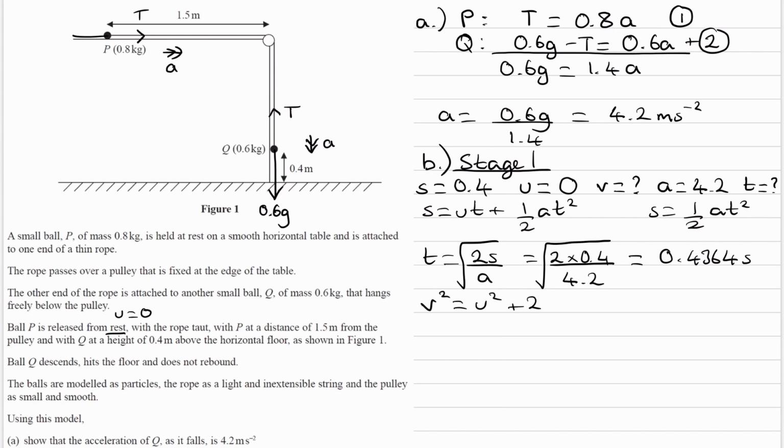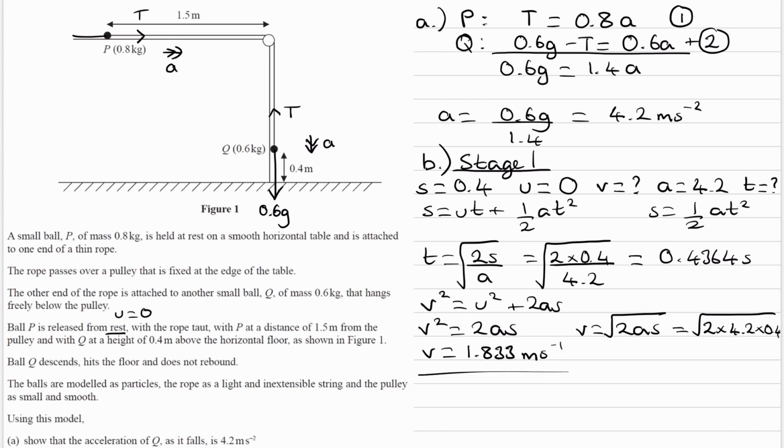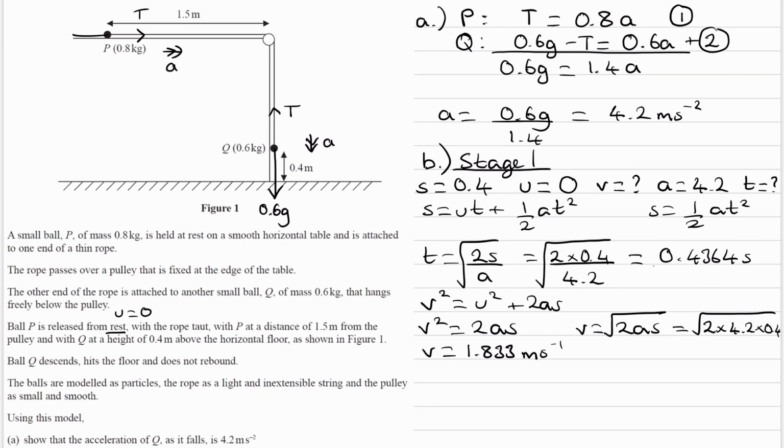I think that's a good habit, to not use your previous answers, if possible, to work out future ones for these kinds of SUVAT questions, just in case you made a mistake with the time, though in this case the time is correct. u is 0 again, so v squared is 2as. v is then the square root of 2 times 4.2 times 0.4, and this ends up being 1.833. Okay, so we have the final speed for stage 1. We have the time for stage 1. I'm just going to underline these so we can see them easily when we come back to them later.